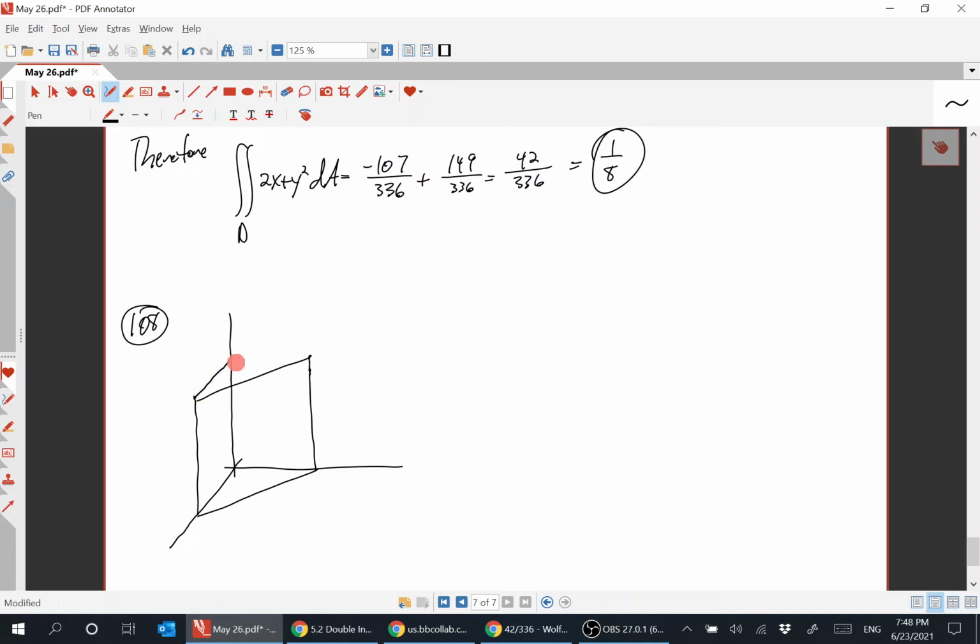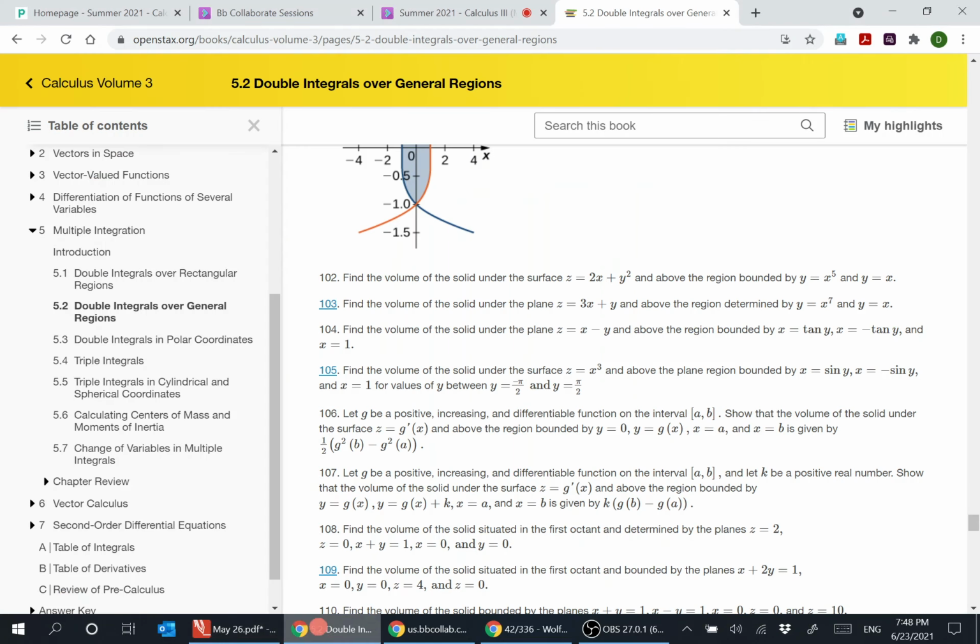So this is z equal to 0, this is z equal to 2. And this is the plane right here, x plus y equals 1. And then x equals 0 and y equals 0.